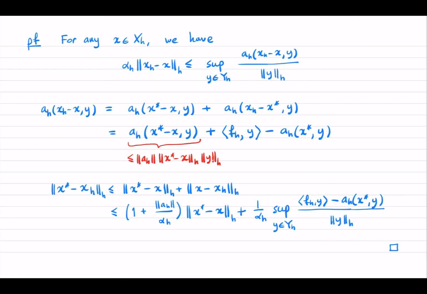And again we have 1 plus that constant coming from a_h divided by alpha_h, this 1 coming from the first term on the right-hand side here, and we have x star minus x, and there is the consistency term. In the next few lessons we're going to apply these two abstract lemmas to some concrete situations.